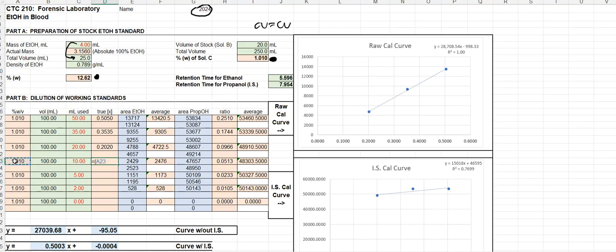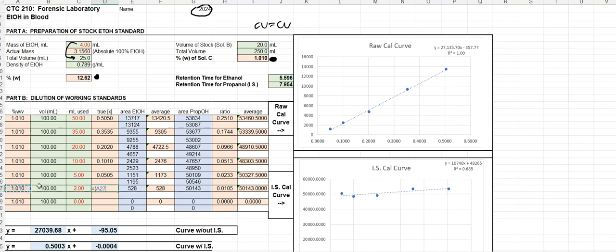I took that same stuff. This time I only did 10 mLs of it, and then I took it to 100. Once more, I'll repeat this. I took 5 mLs this time and diluted to a total of 100. Now we're in the range of 0.08, so we're now below that.